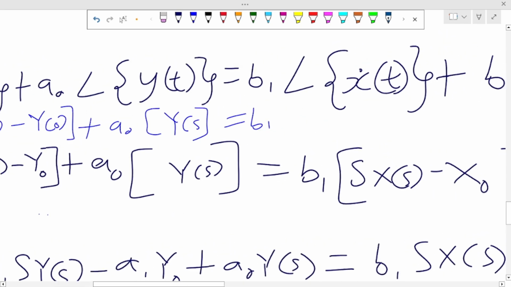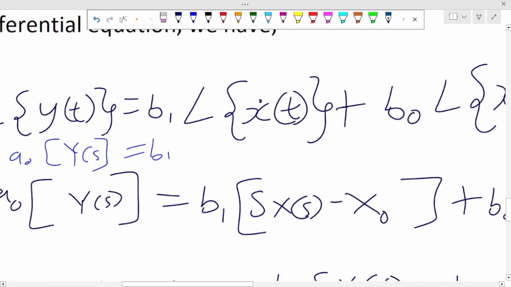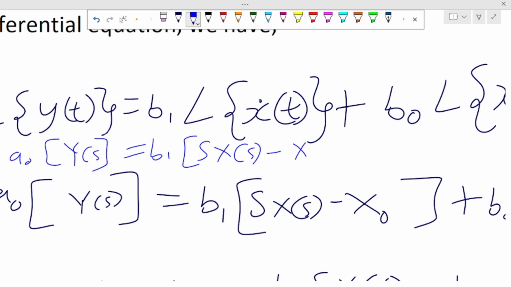So now let's see the Laplace transform of this. For this, we have what? 1 dot. So we're going to have an s, and then x of s minus, the s goes away, and we have x of 0.